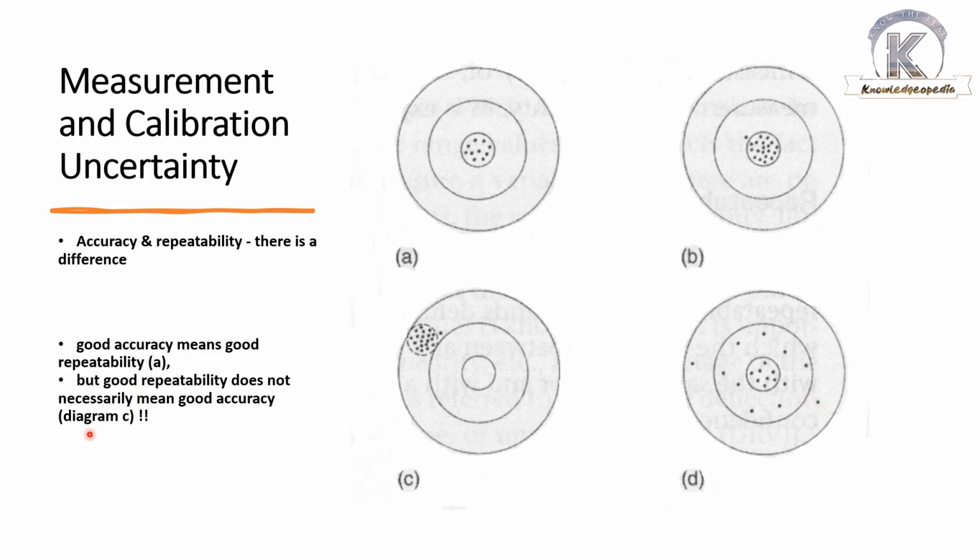Okay, so accuracy is how close a stage can position to the actual value or true value. Repeatability is the measure of the stage's ability to sequentially position to the same target value again and again, hitting the same target value.